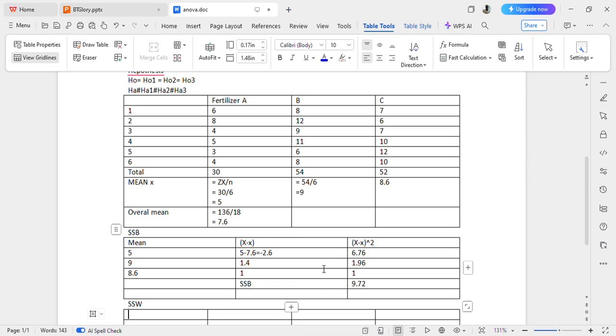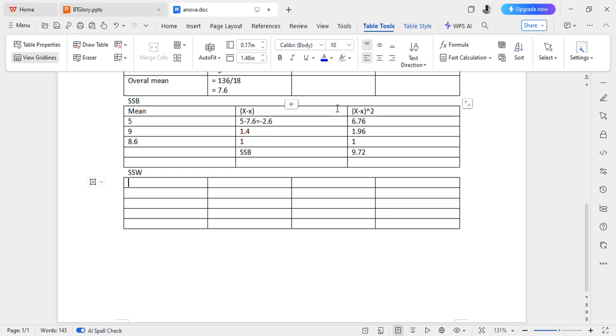So we'll do for the first, then we go to the second, then we go to the third. So this is for A. X, then X minus mean, then X minus mean power 2.